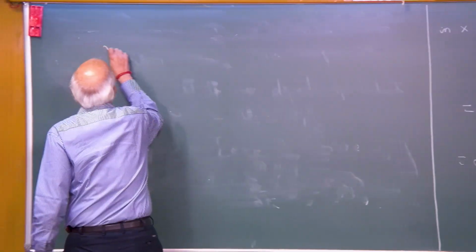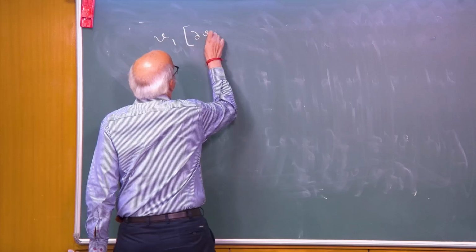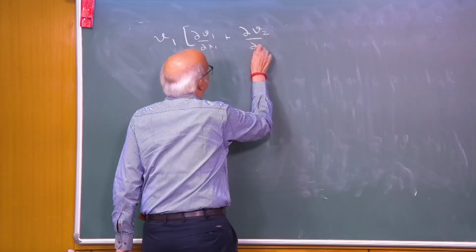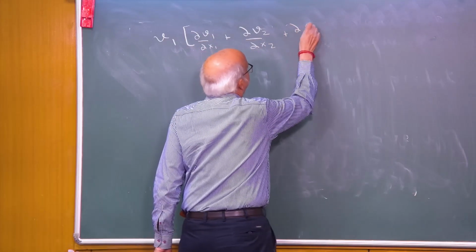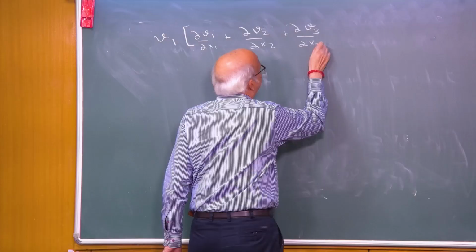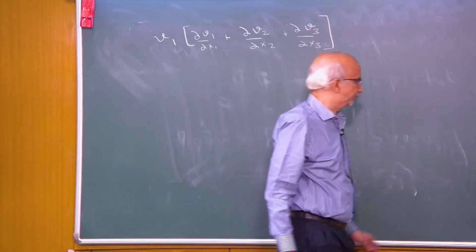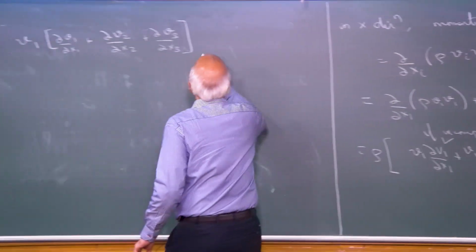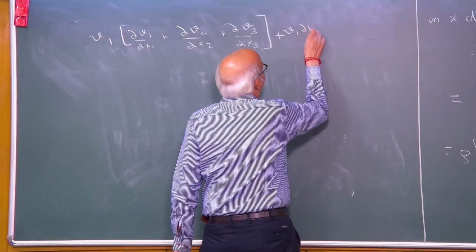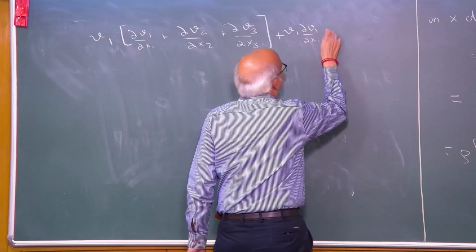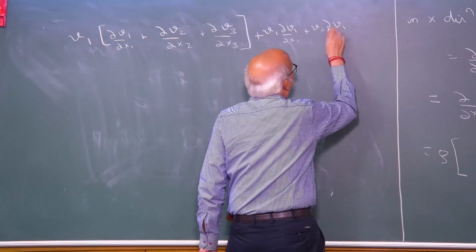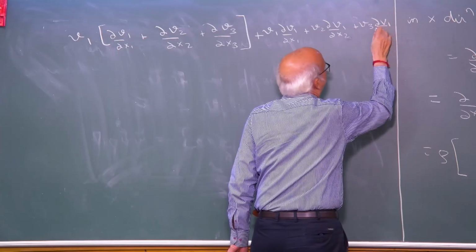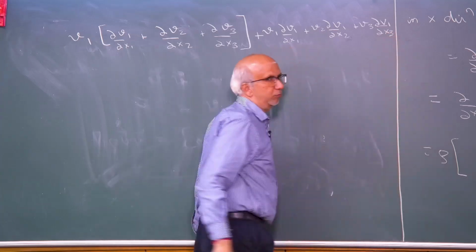So, v1 times (dv1 by dx1 plus dv2 by dx2 plus dv3 by dx3), plus V1 dV1 by dx1 plus V2 dV1 by dx2 plus V3 dV1 by dx3. That is what I have.